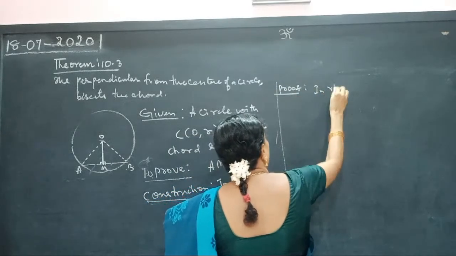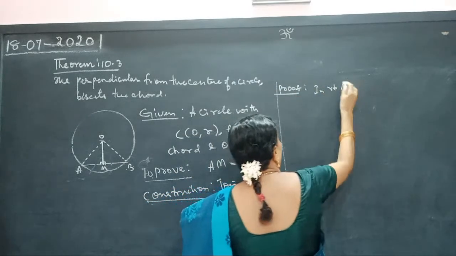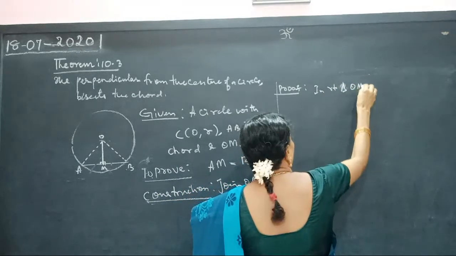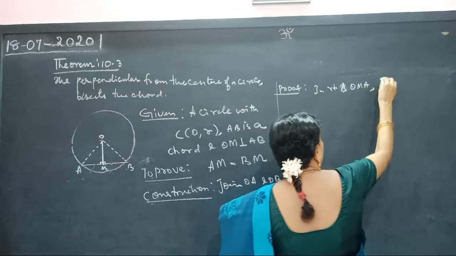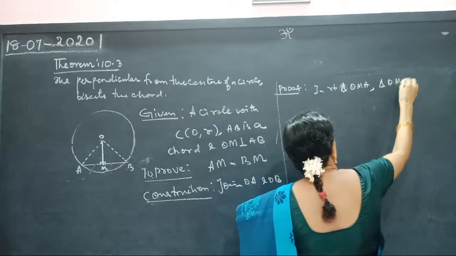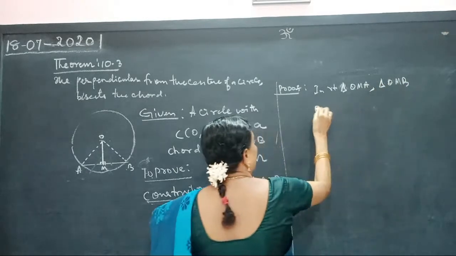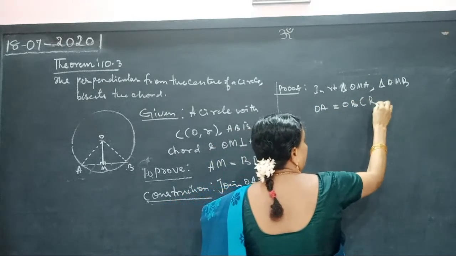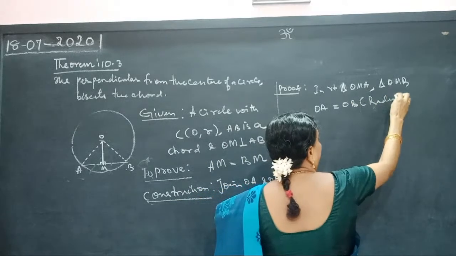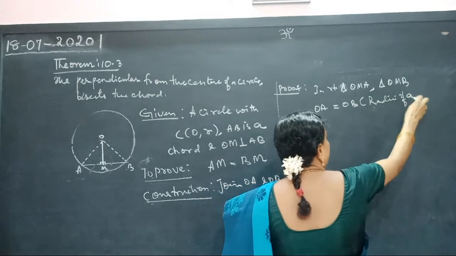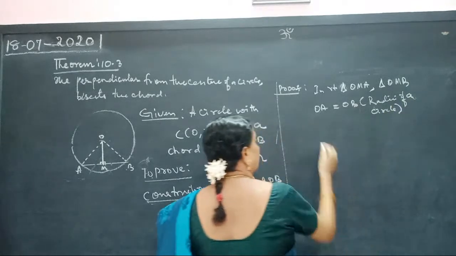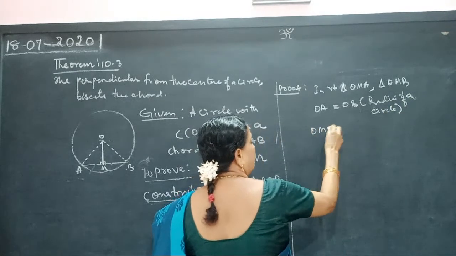In right triangle OMA and triangle OMB, OA equals OB, radii of a circle. OM equals OM.